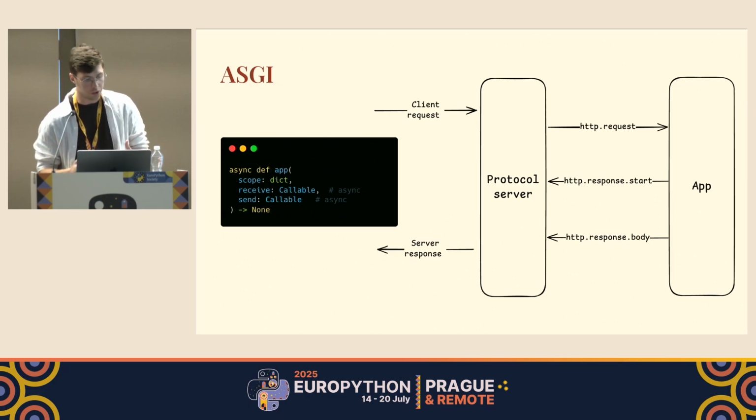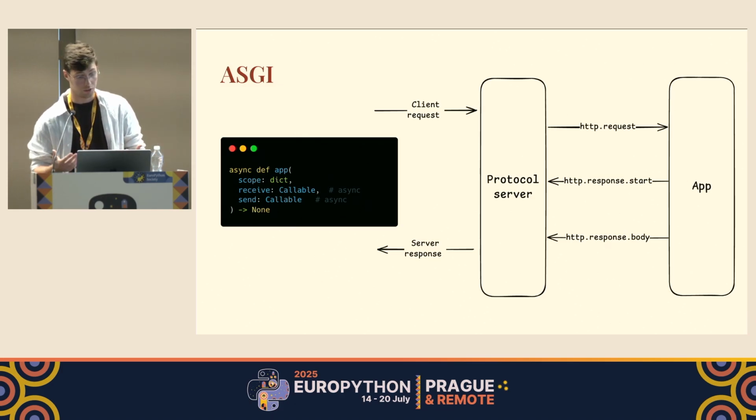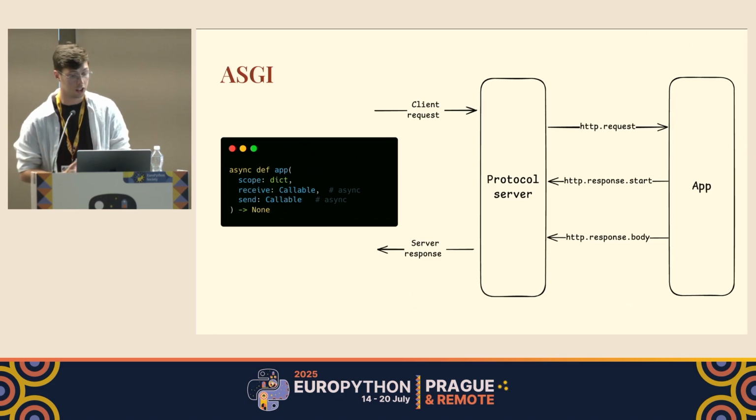Of course, we still call our application, but our app itself retrieves the events using the receive callable, an async callable that we have in our method declaration, and our protocol server can receive the data from the application. Whenever it's ready, it can use the send callable to provide us some data there.